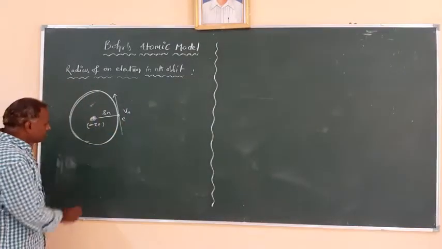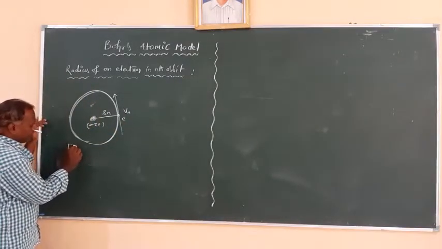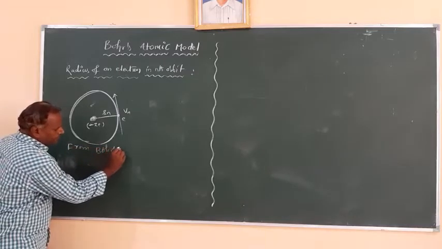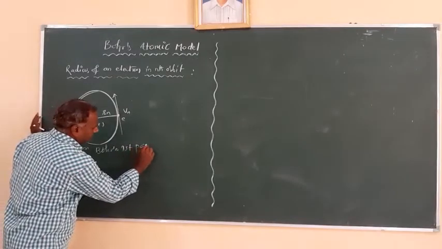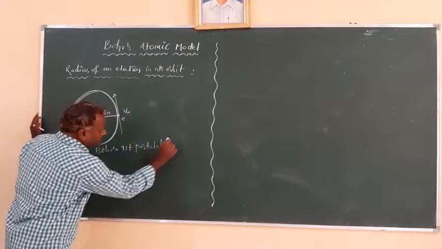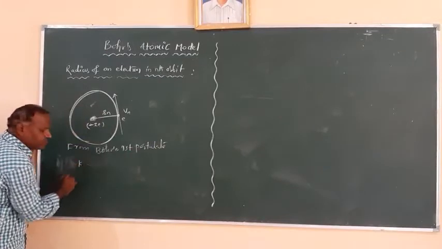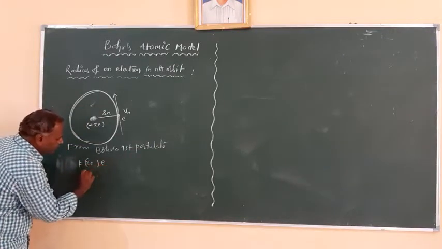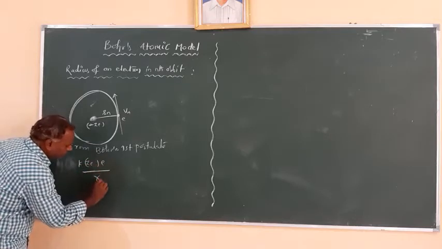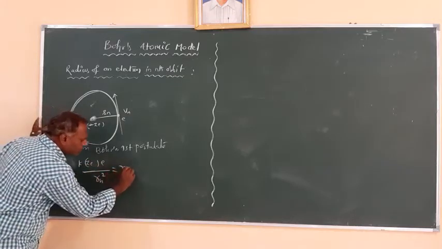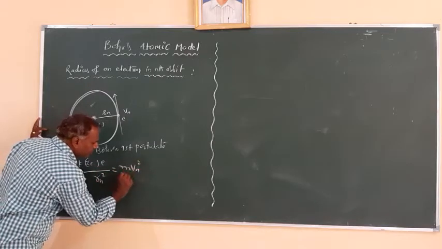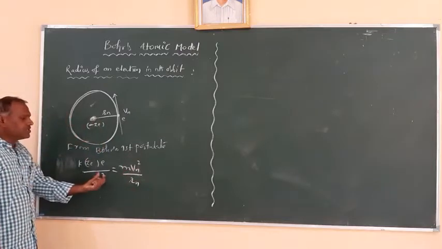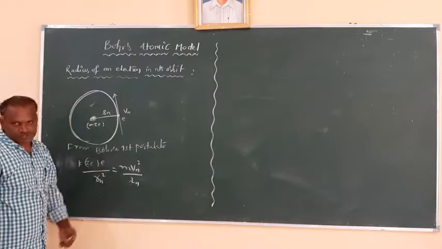So from Bohr's first postulate, you can write K into Ze into e upon Rn square is equal to m Vn square by Rn, where K is 1 by 4 pi epsilon. This is the equation you get from Bohr's first postulate.